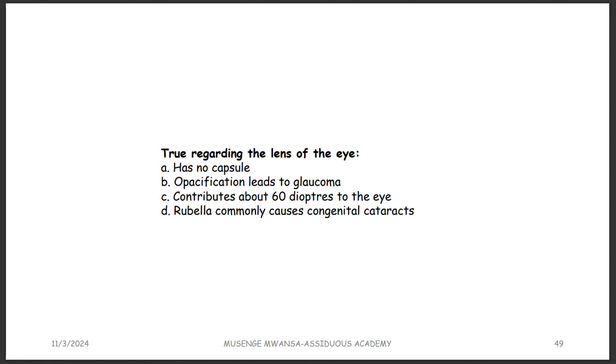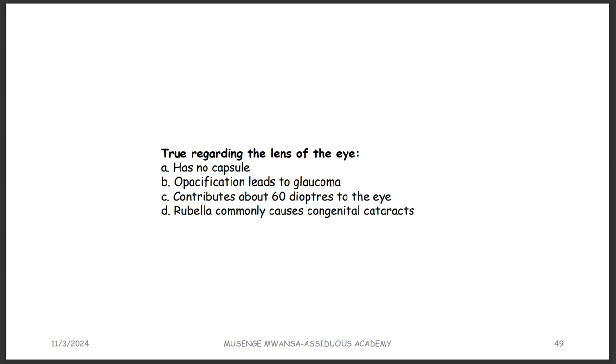Okay. All right. So let me just say something about the power of the lens. We know the power of a lens is the reciprocal of the focal length. So you have the cornea and you have the lens.